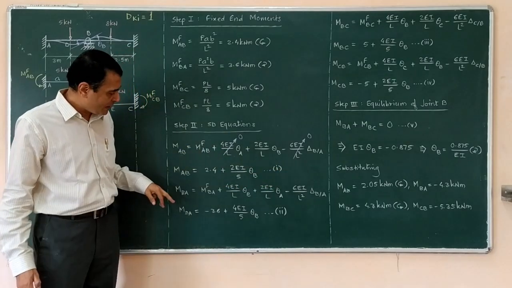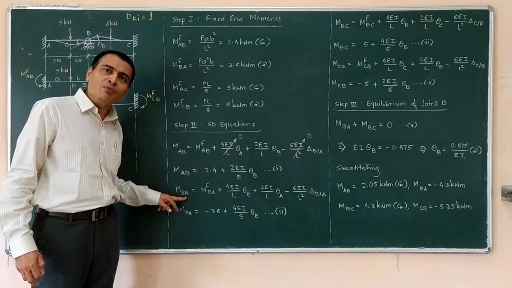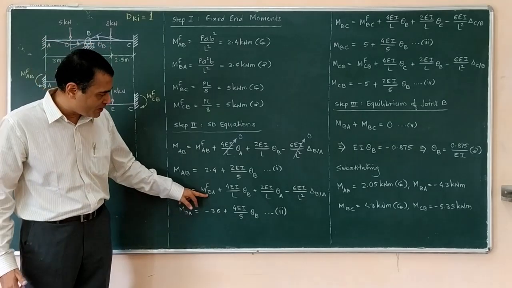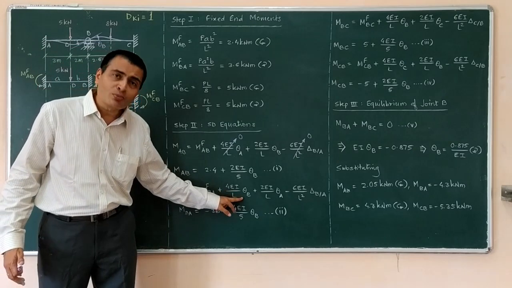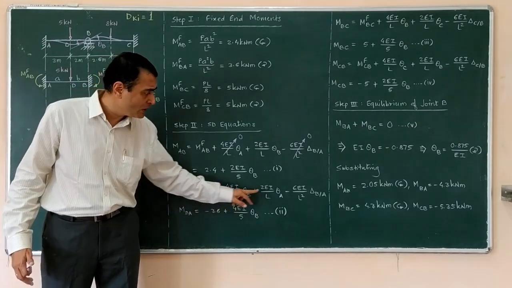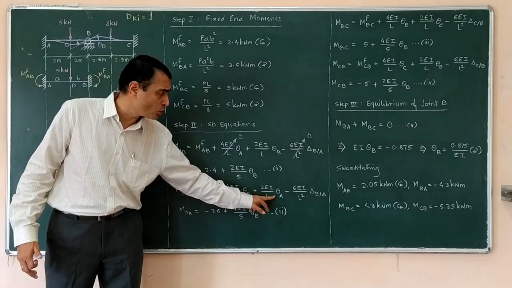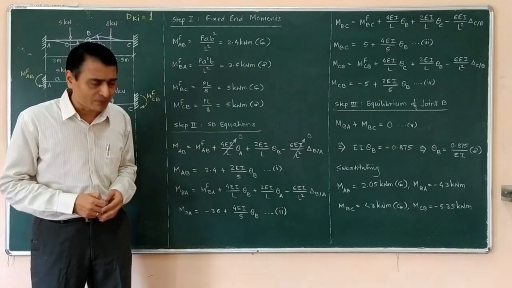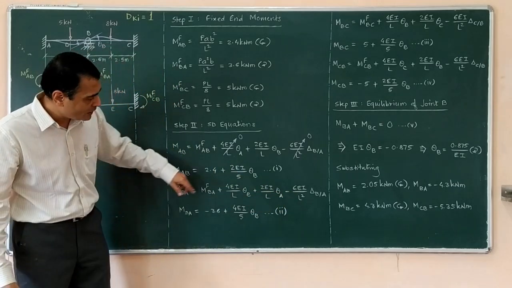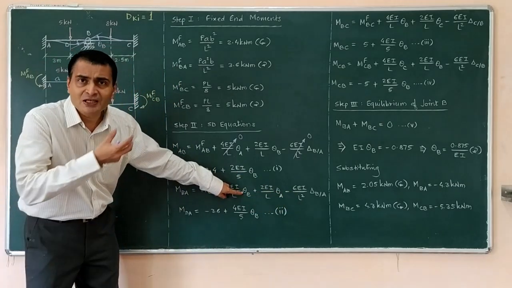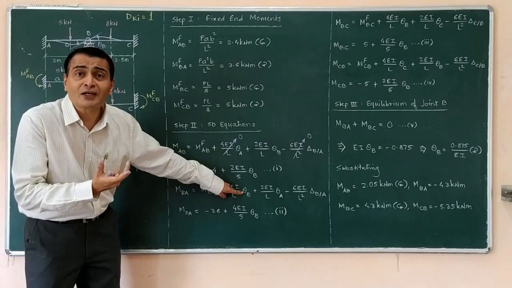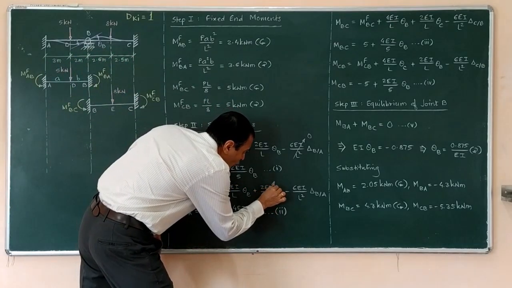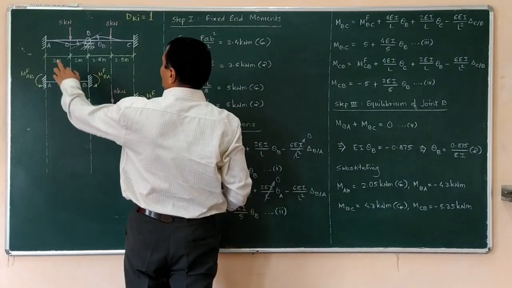Then I am writing M of BA, end moment for joint B for span BA. So MFBA plus contribution because of near end rotation, contribution because of far end rotation, and contribution because of relative translation or sinking. Again, what do I observe? This quantity is present. There is expected to be some theta B. However, we know that theta A is 0 since A support is a fixed support.